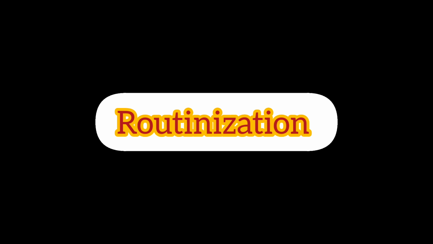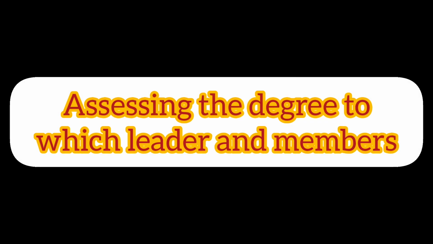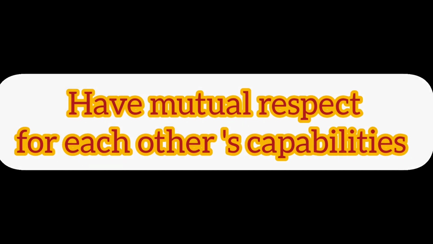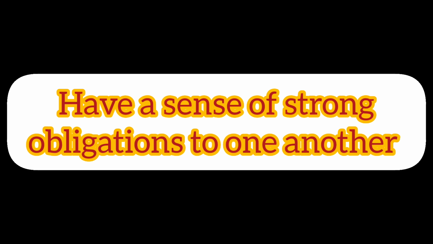So basically, LMX theory or leader member exchange theory assesses the degree to which leaders and followers have mutual respect for each other's capabilities, feel a deepening sense of mutual trust, and have a sense of strong obligation to one another.